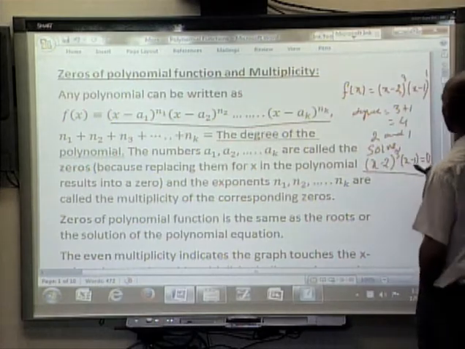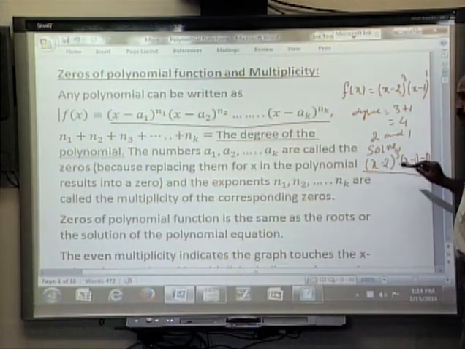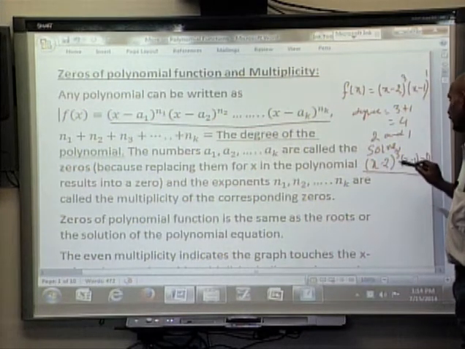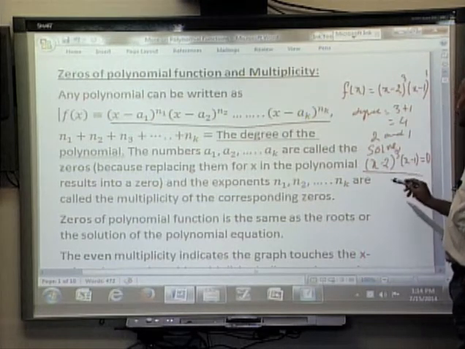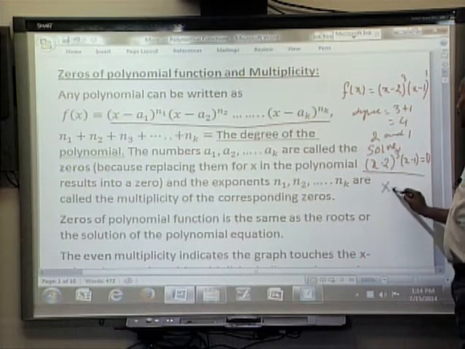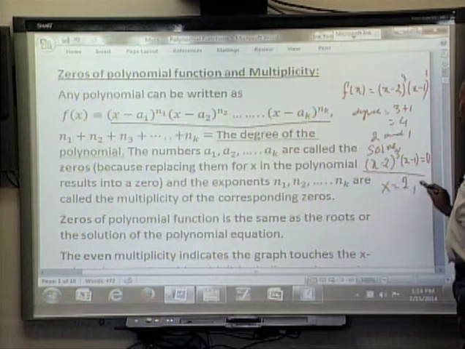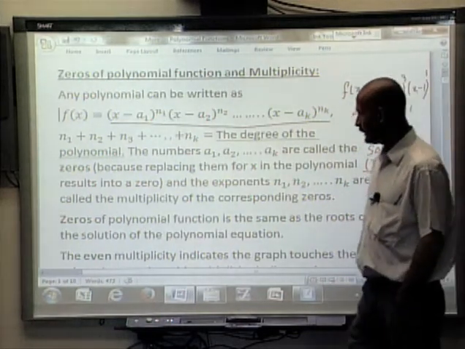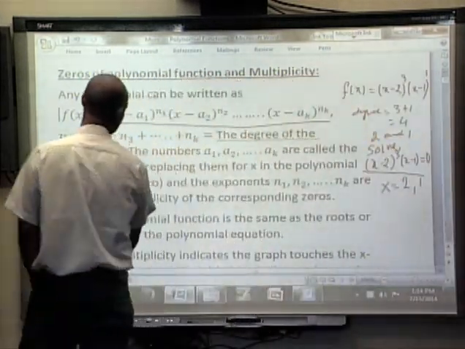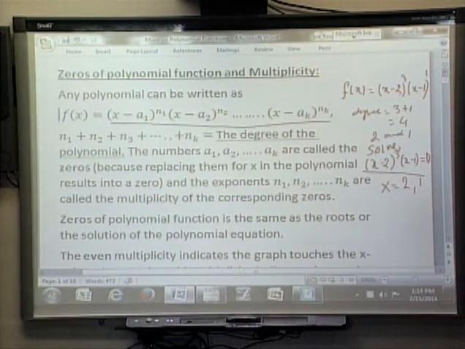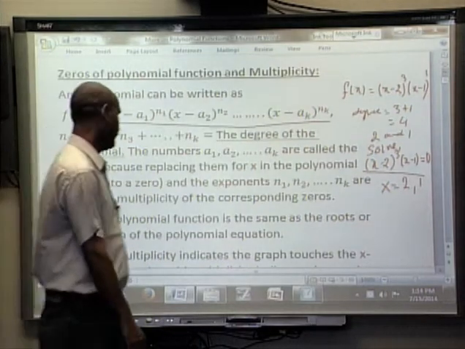If we solve this equation, we find the solution to this equation, or sometimes we call it the root of this equation. If we solve this, we end up getting x equal to 2 and x equal to 1. So, basically the zeros of the polynomial function and the roots, the solutions of the polynomial equation, are the same.